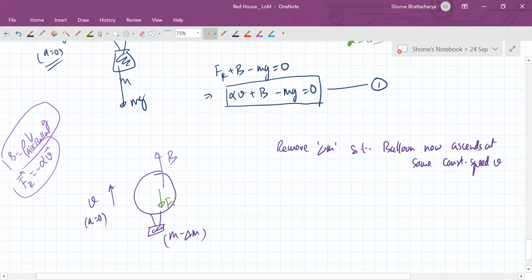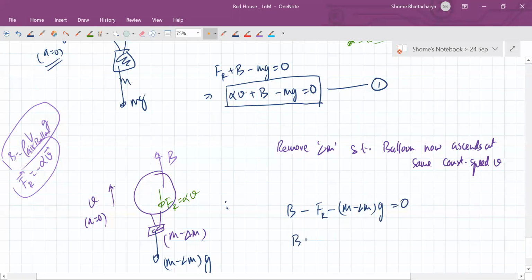There will be a resistive force of alpha v acting downwards. And of course the weight of the payload, or the basket, has now changed to m minus delta m into g. So the equation becomes: the buoyant force is balancing the sum of this resistive force and the reduced weight.